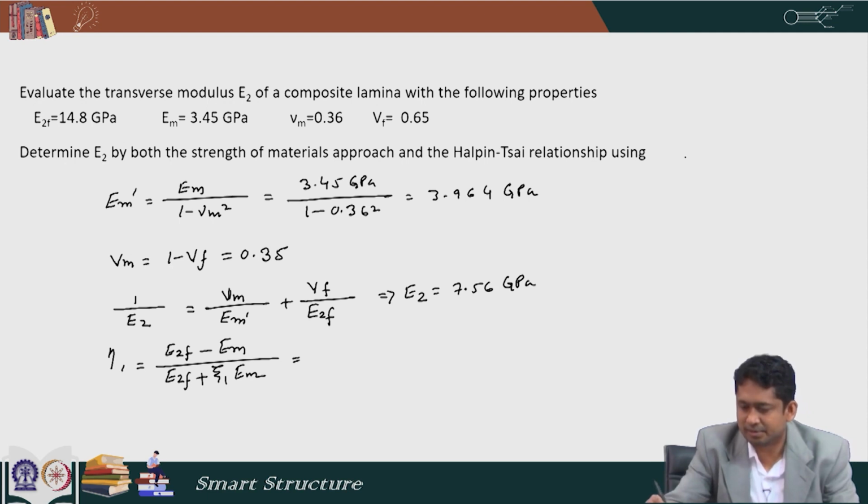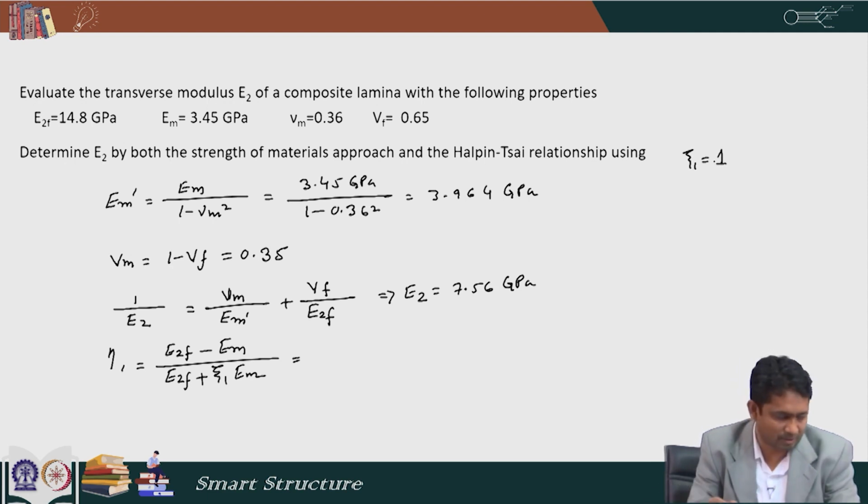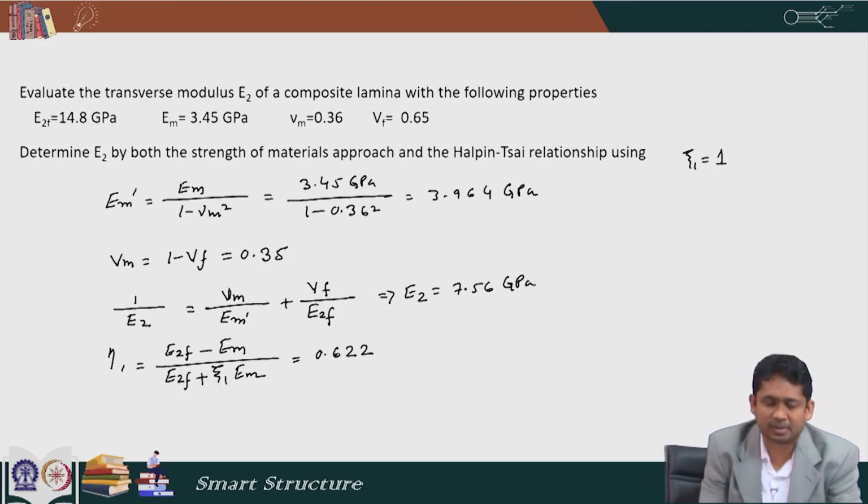Now, let us use xi 1 to be 1. So, if we put these numbers here, if we put xi 1 is equal to 1, finally, the value of eta comes to be 0.622.